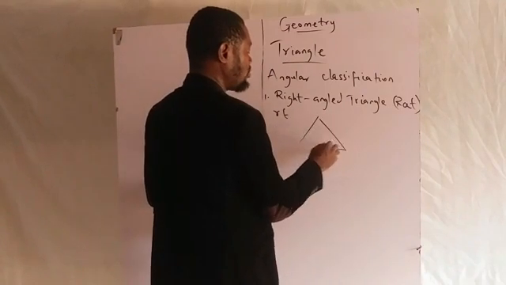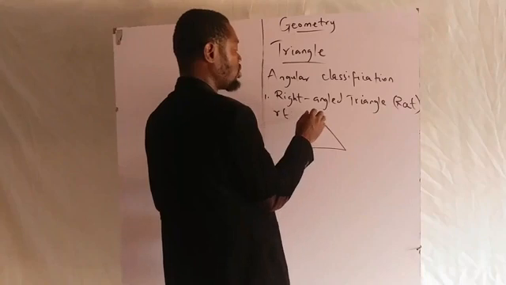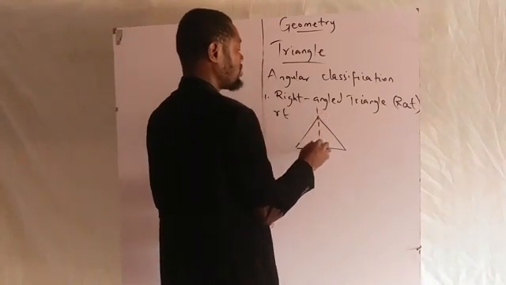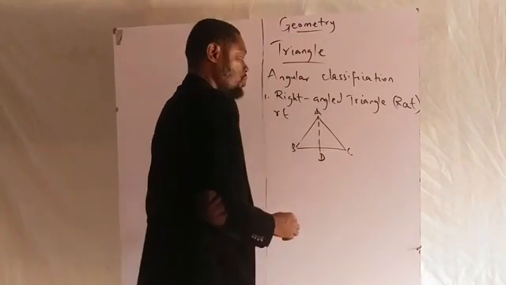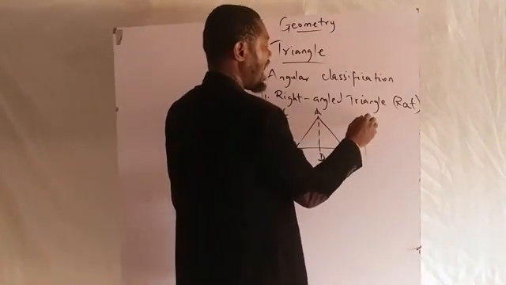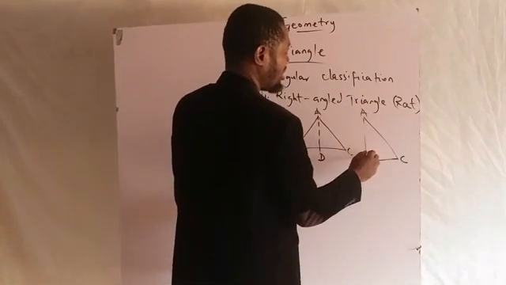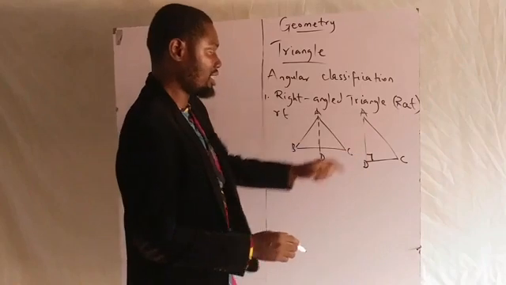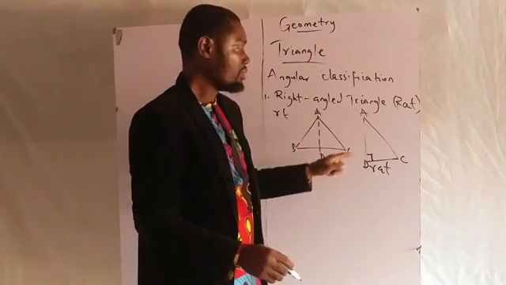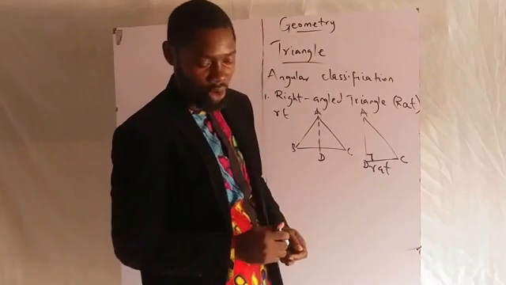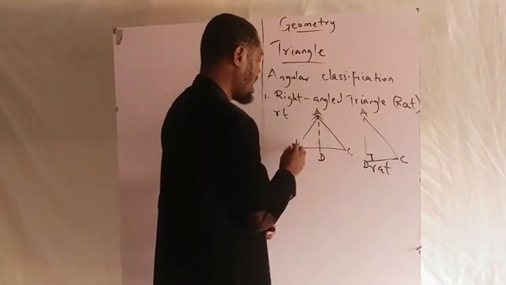Assuming this is a full triangle, if you bisect or cut this triangle into two halves, assuming you have here A, B, C, and D, you notice that you have this showing A, D, and C with the 90 degrees. This is the right angle triangle. Such a triangle is what is called the right angled triangle.